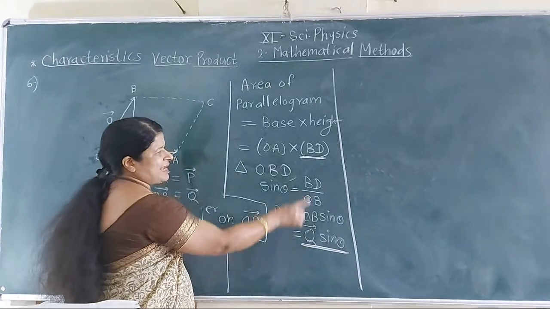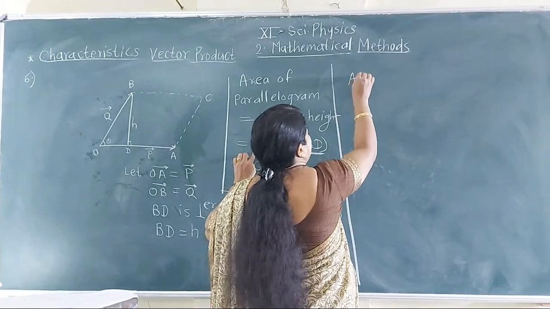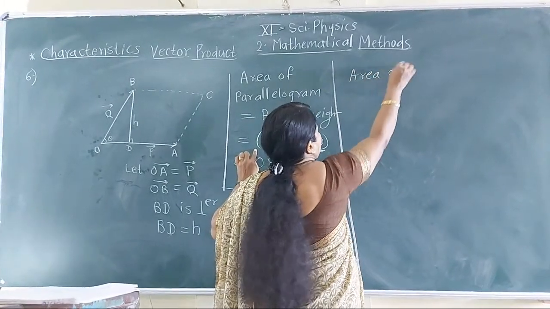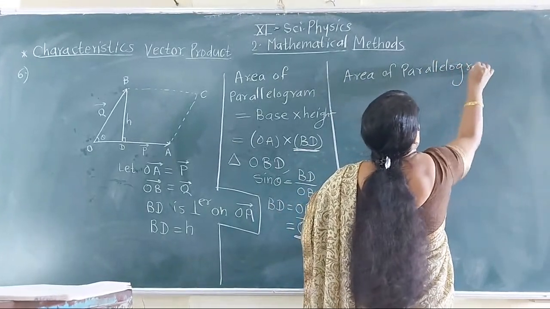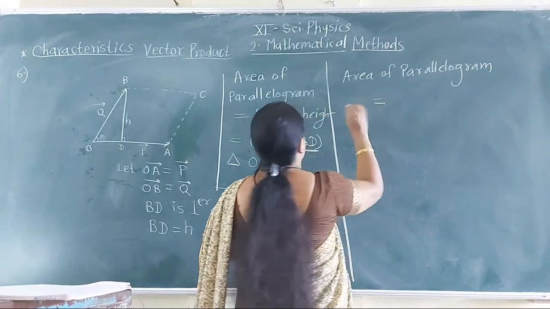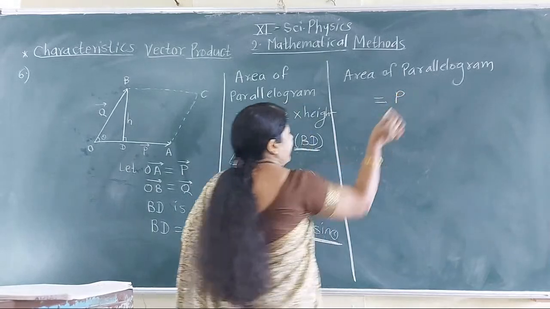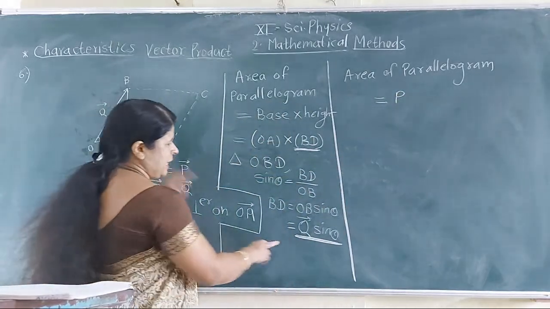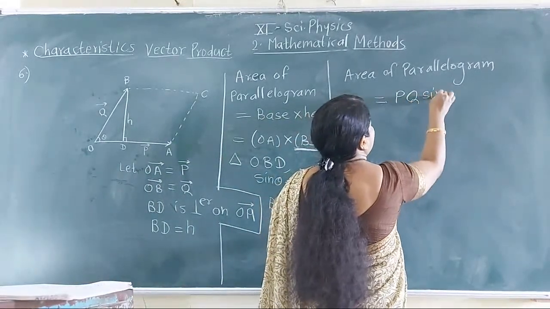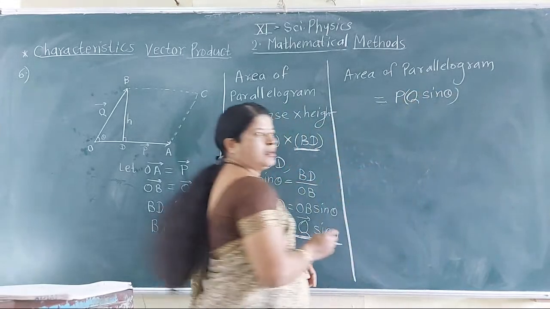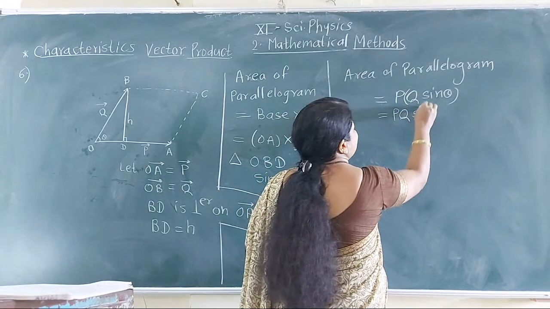Substitute this value in this formula, we get area of parallelogram is equal to OA, meaning P, and BD, that means H, is equal to Q sin theta. So PQ sin theta.